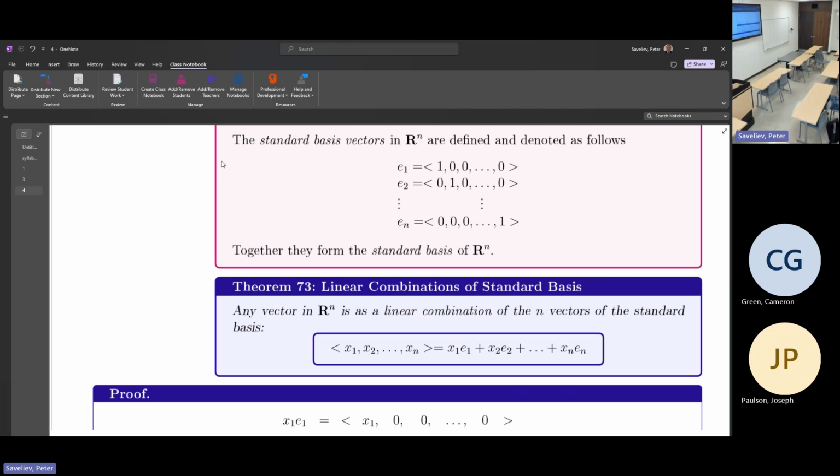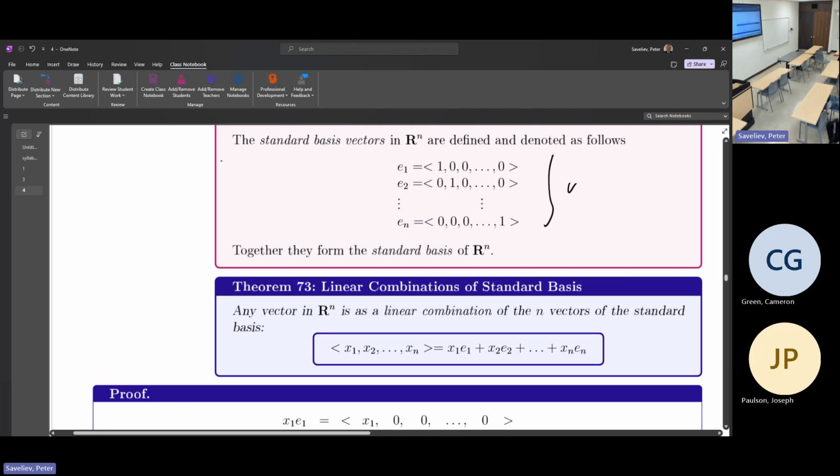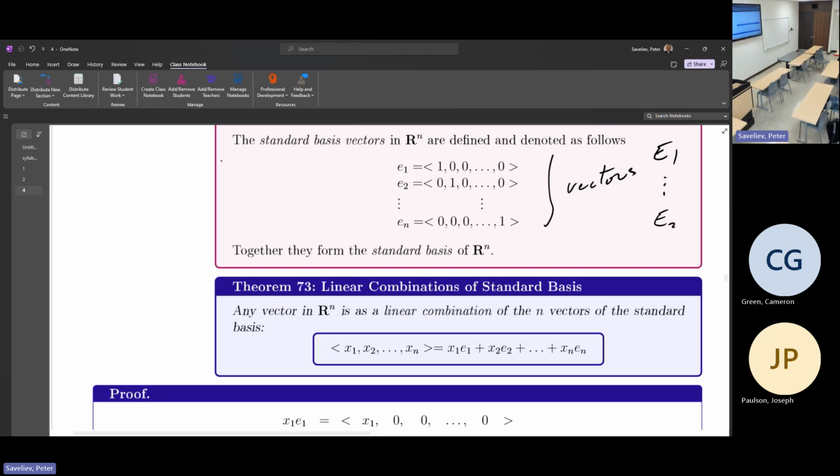So e1 through en are the vectors, and here I don't follow my own rule of using capitalization for vectors and lowercase for numbers, so it might look more confusing than it should.